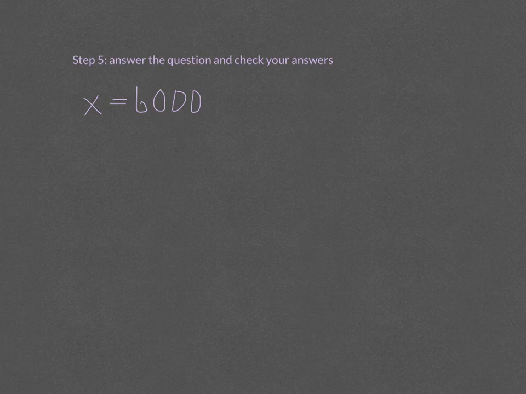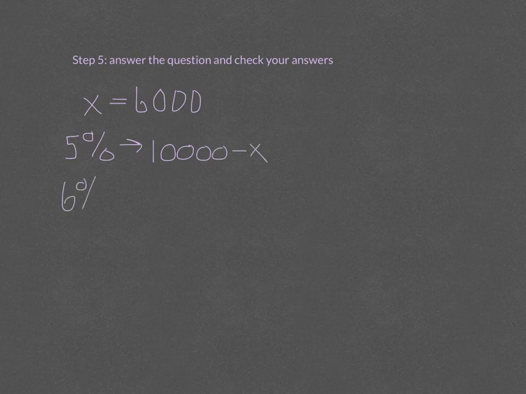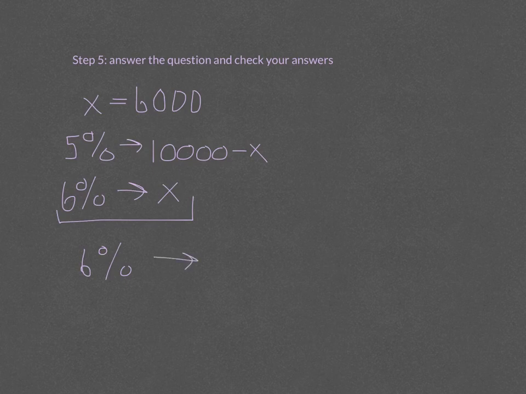So if you remember, the principal balance for 5% was 10,000 minus x, and the principal balance for 6% was x. So that means the amount invested at the 6% is the x that we found. So at 6%, we invested $6,000.